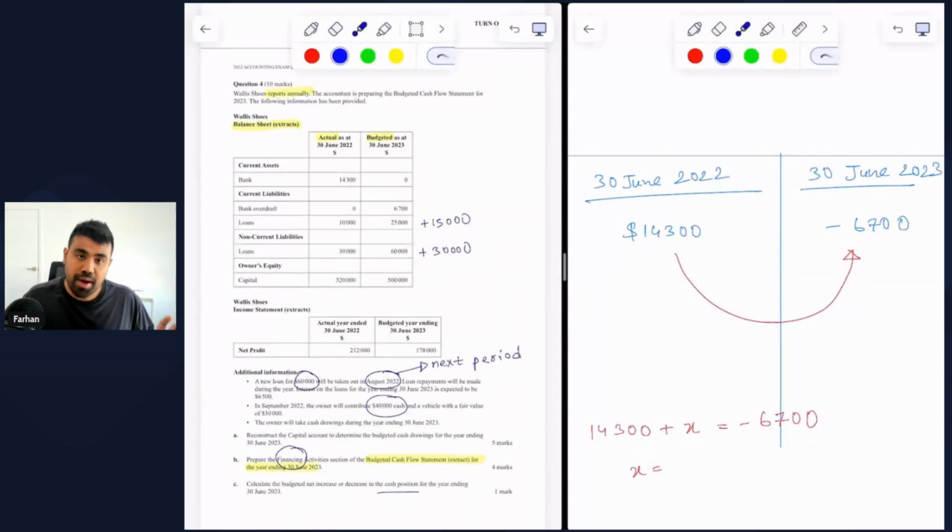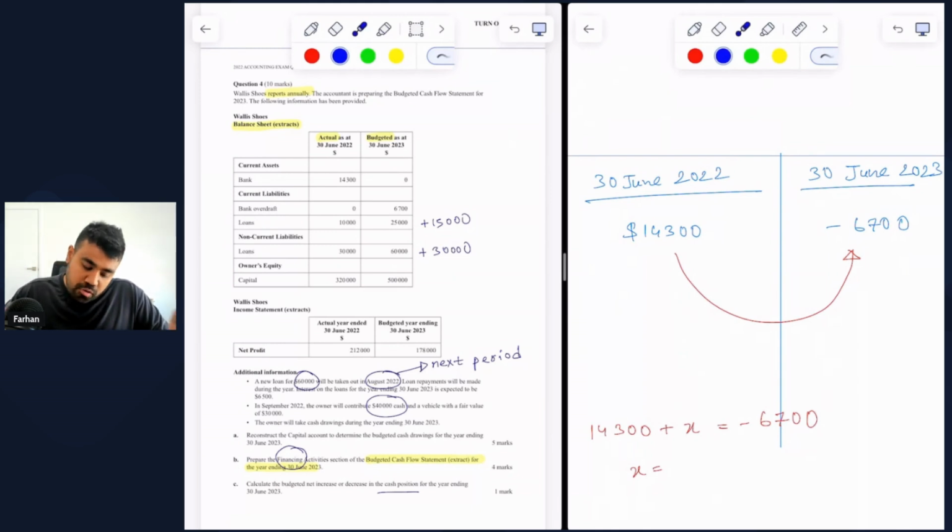We had that money in the bank account, a positive 40,300. But we are expecting as at 30 June 2023 to not have this money in the bank account and instead have a negative balance of minus 6,700, which is what we have taken from the bank, which means we have spent more than what we actually had in the bank account. If you're running a business, you're allowed that in Australia.